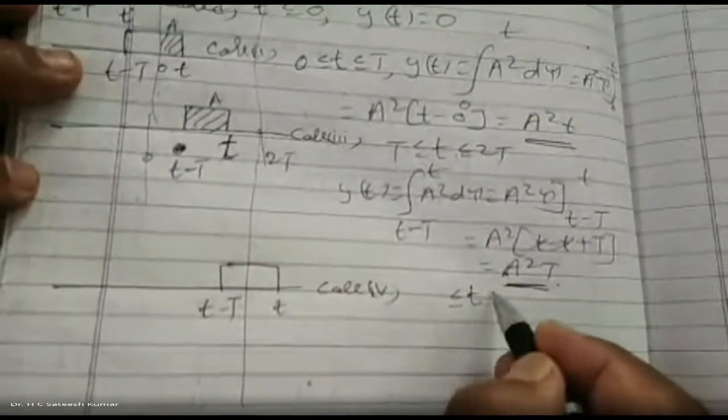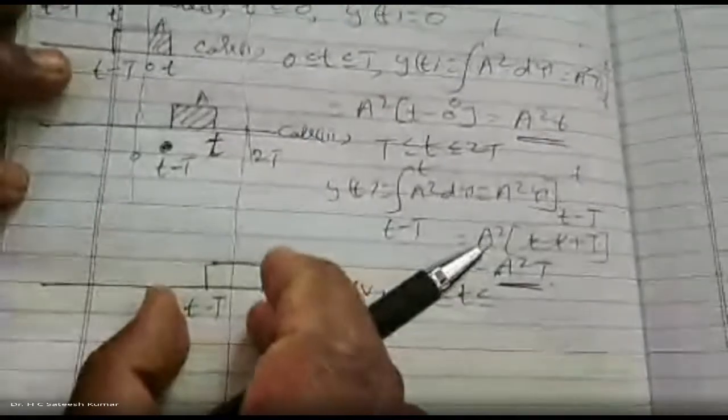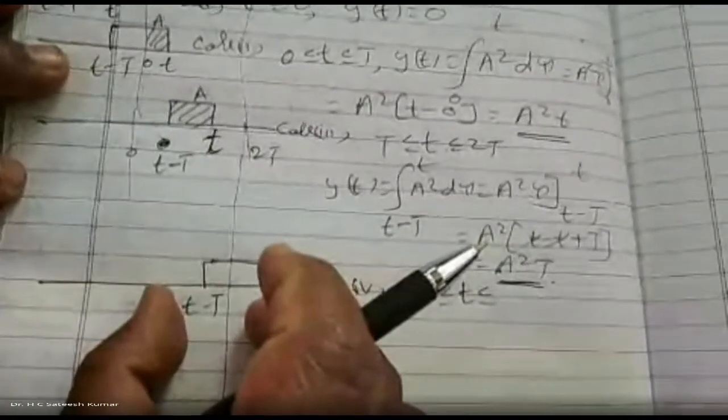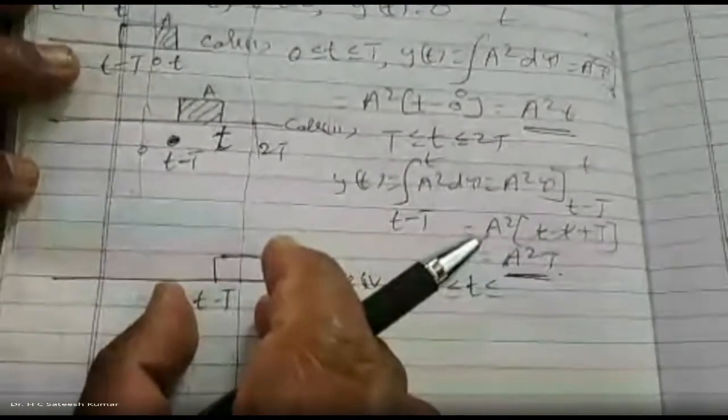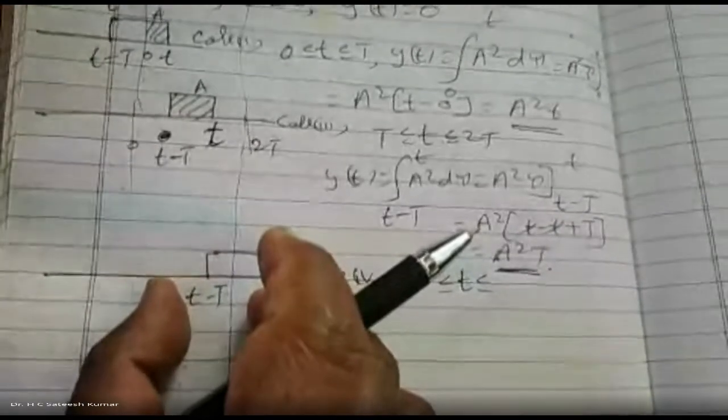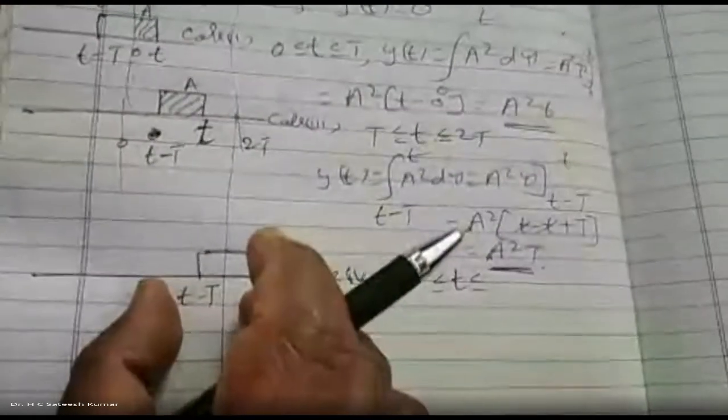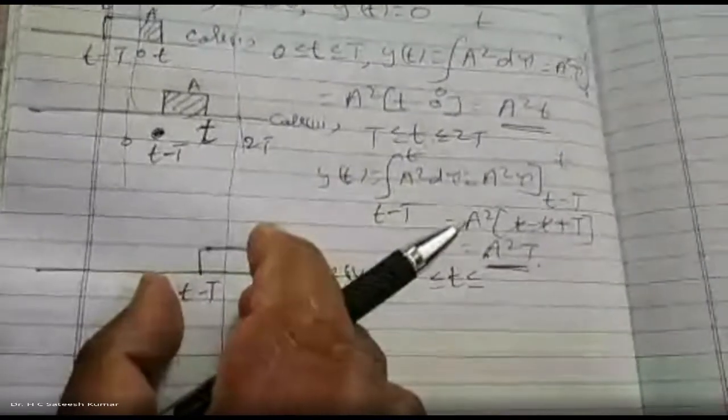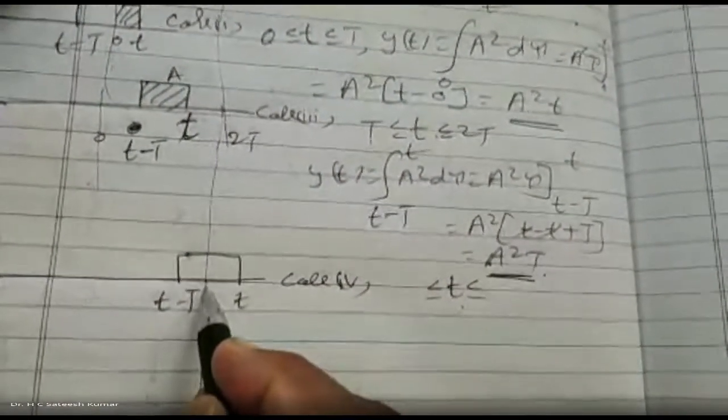If you want this one to decrease, t should lie between where to where? The width of this one is T. The width of this one is T. So for this complete width T to come out of the range of the first one, it has to move by an amount equal to capital T. Therefore small t should lie between 2T to 3T.